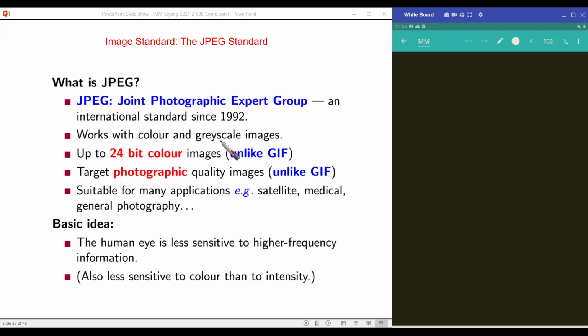Now JPEG works with both color images and grayscale images, but with a color image we have to convert to some model, maybe the RGB model or maybe the YUV model, whatever it is, it works for both. It targets photographic quality and is suitable for many applications, for example satellite, medical, general photography.